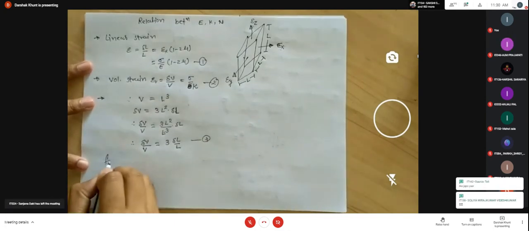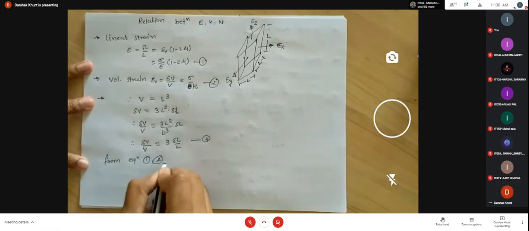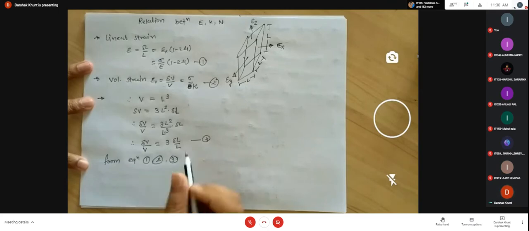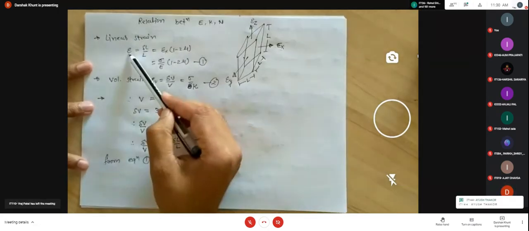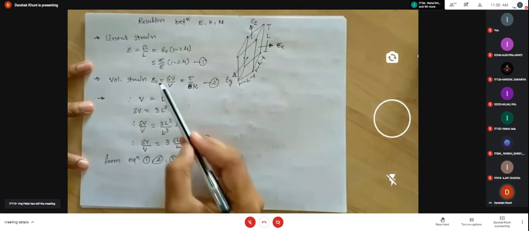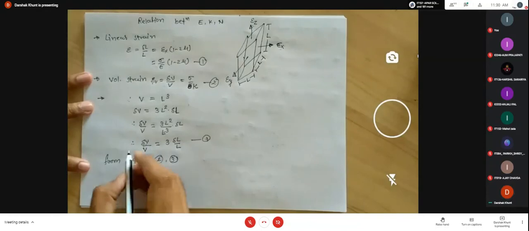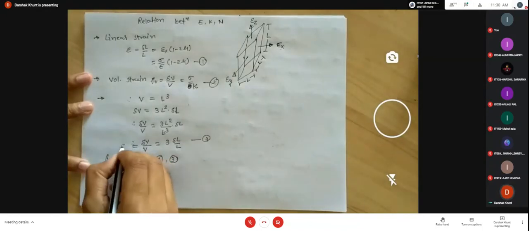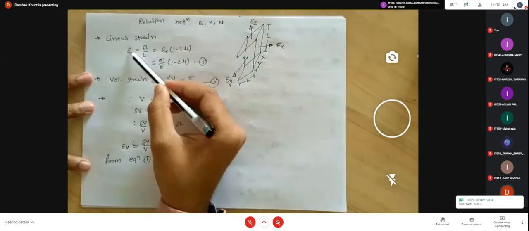Okay. Now from equations number 1, 2, and 3, if you see these three equations, here linear strain is there, here volumetric strain is sigma by K, and the change in volume is also volumetric strain, delta V by V. Delta L by L is linear strain.